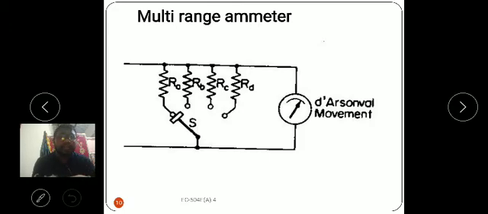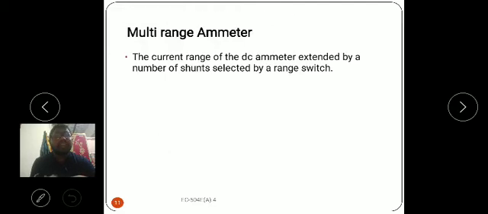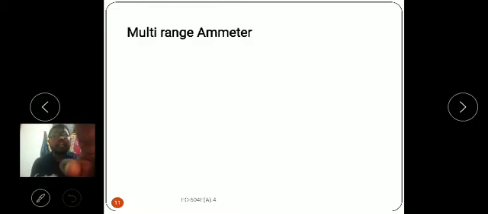That means multiple resistors are connected to the D'Arsonval movement, that is, the meter resistor. Based on the shunt resistor connected to the meter, we are producing different ranges of DC ammeter. This is the concept of the multi-range ammeter. With the help of a switch, we connect to another resistor.